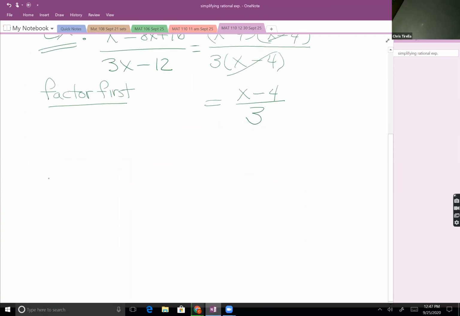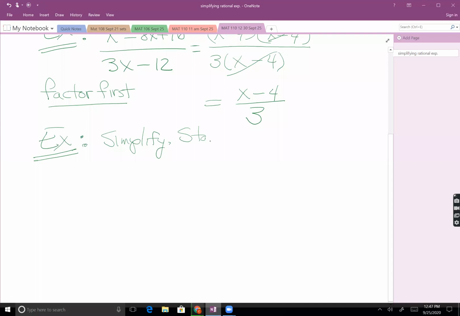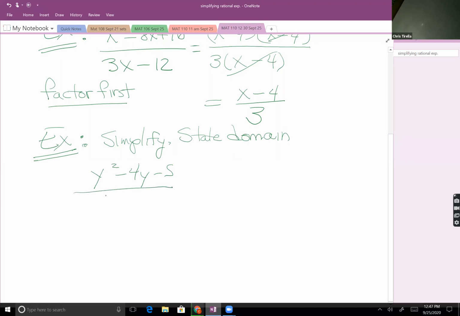And I'm going to give you another one, and I'm going to multitask. I'm going to ask you to do two things: simplify and state the domain. I'm going to look at y squared minus 4y minus 5 over y squared plus 5y plus 4.